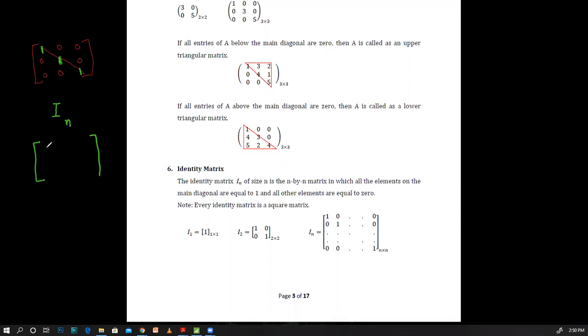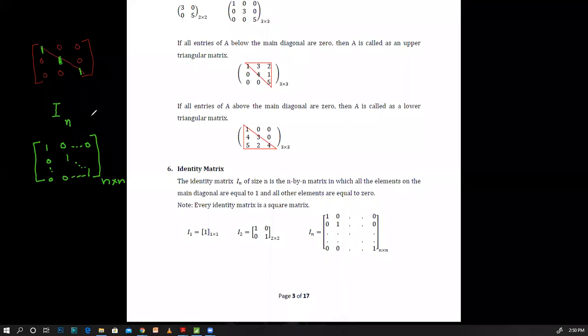It means that only the main diagonals are ones and all the remainings are zeros. Therefore, here we have it as an n by n matrix. Then we can say this is an identity matrix of order 2.